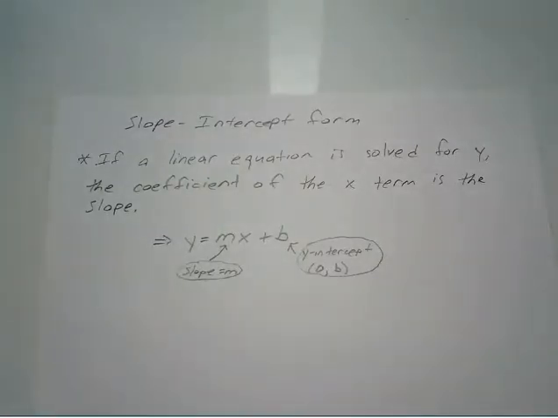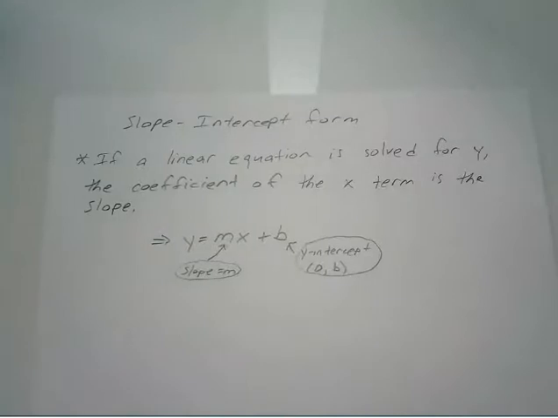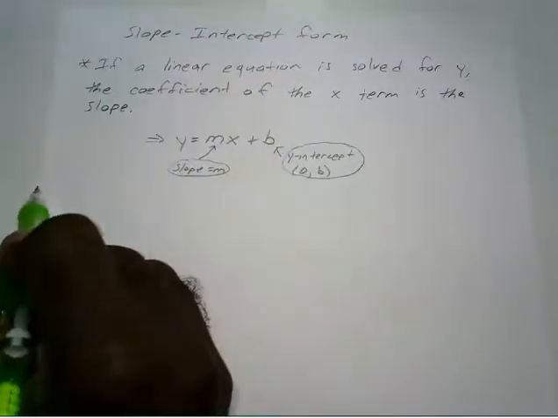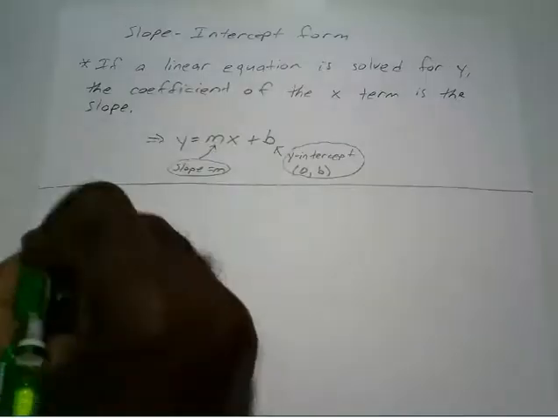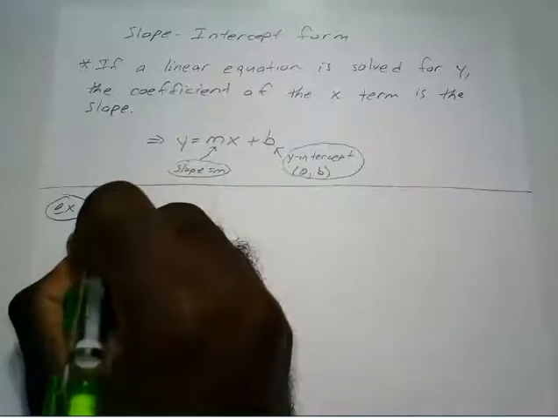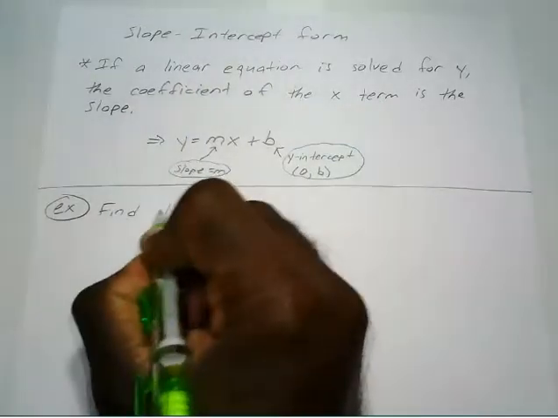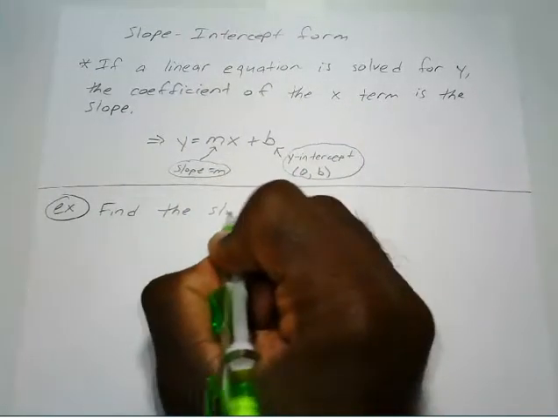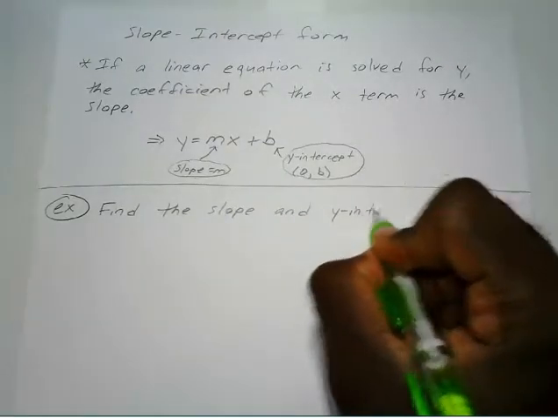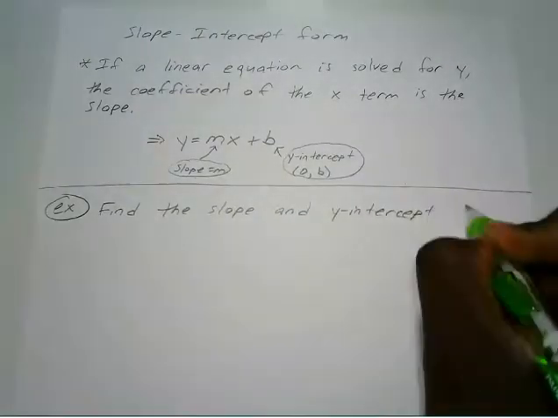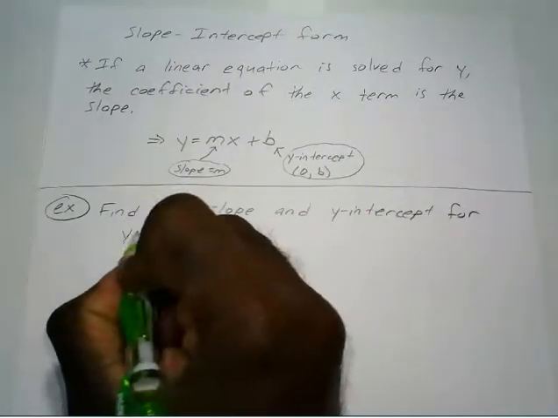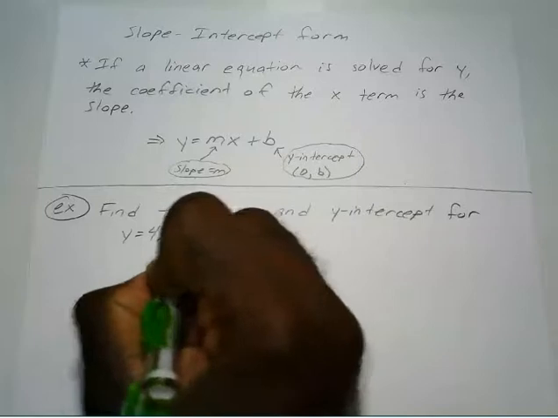All right, so we're going to go over a few examples here. Let's say, for example, we want to find the slope and y-intercept for y equals 4x plus 9.